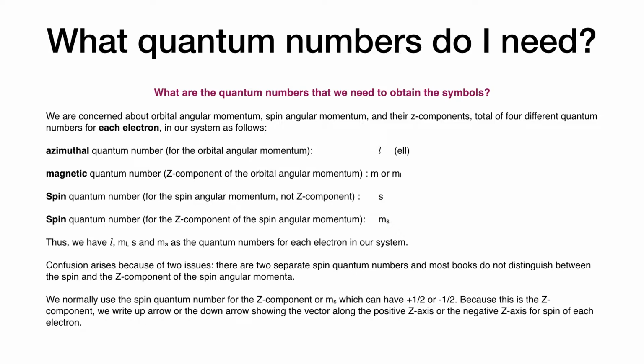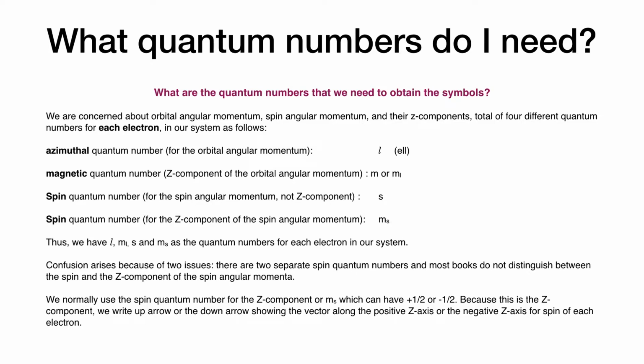Then the z component of that orbital angular momentum has a quantum number called the magnetic quantum number, and that is m sub l. So m sub l, this is the z component. Every time we write a z component, we write m sub something. Then the spin quantum number controls the spin angular momentum of the system, and that's given the symbol small s.